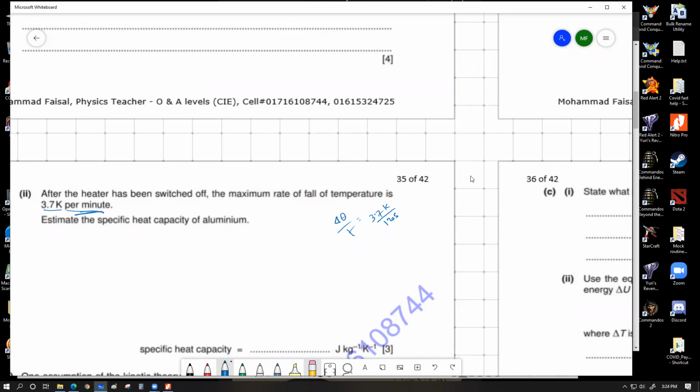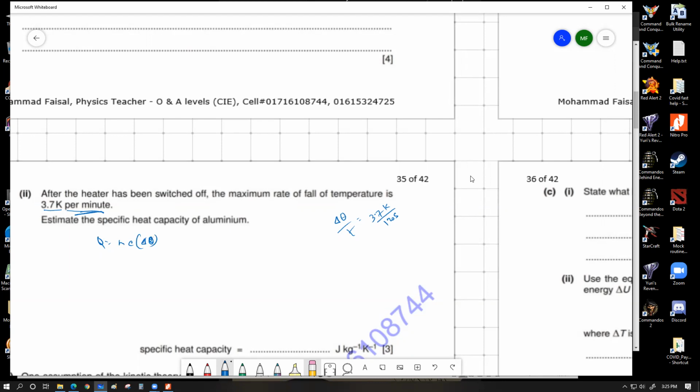The question is asking us to estimate the specific heat capacity of aluminum. We can do this. How? The specific heat capacity formula is Q equals m c delta theta. So to be able to use the information we have available, let's divide both sides by t.